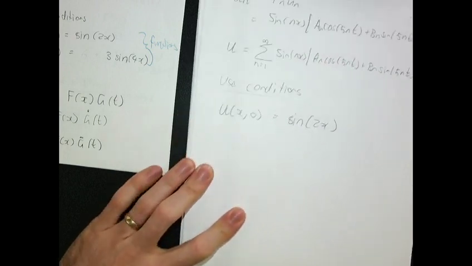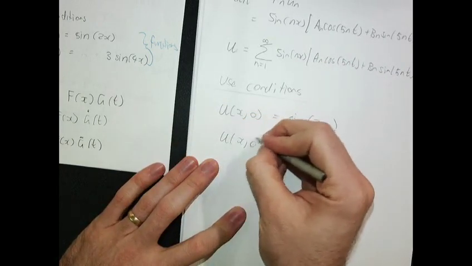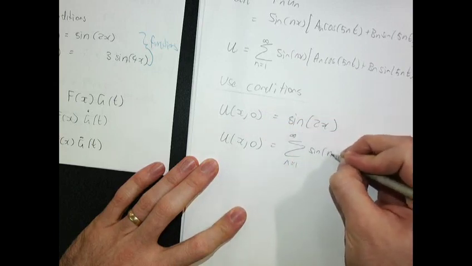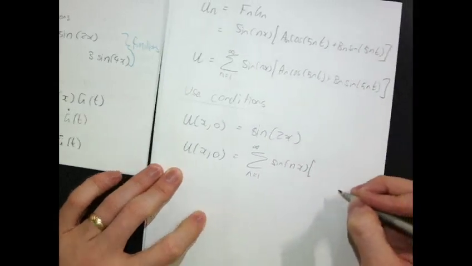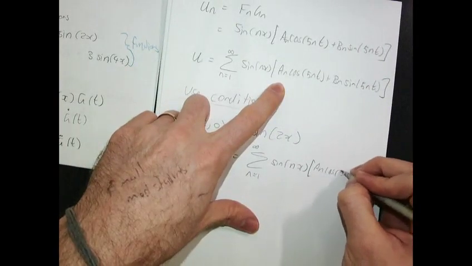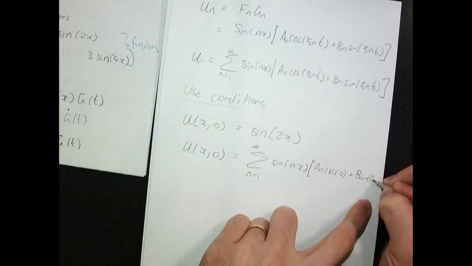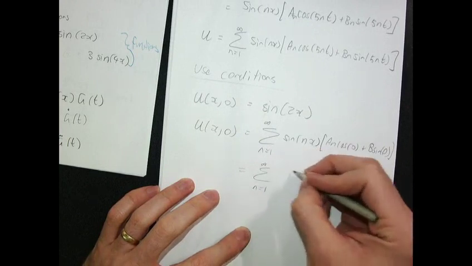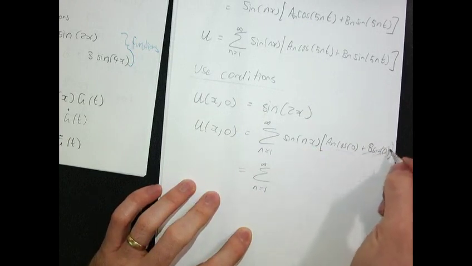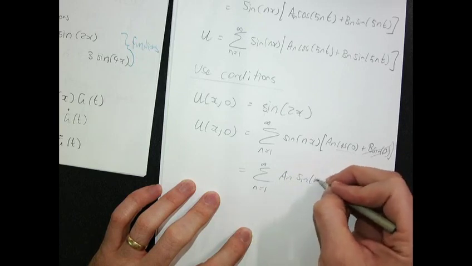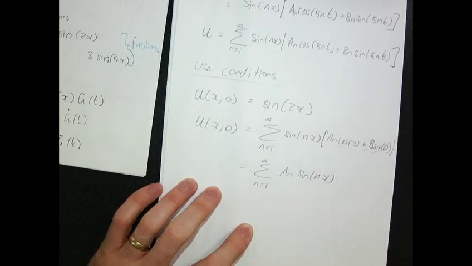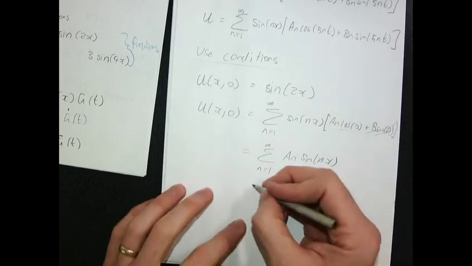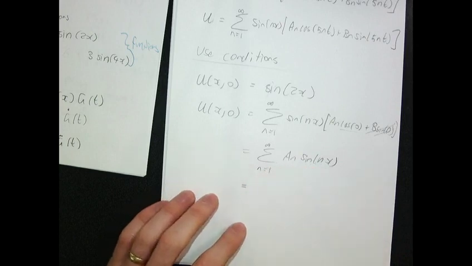Okay, sine 2x. So when I sub this in, u of x, 0 is, we get an cos of 0 plus bn sine of 0. cos of 0 is 1, sine of 0 is 0, so this is an sine nx. So here's the thing. This is supposed to be equal to sine 2x.